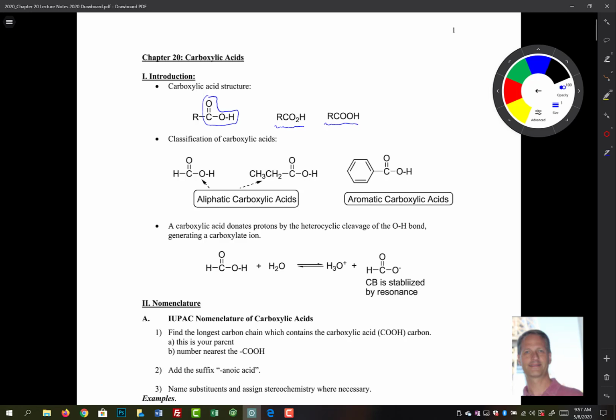So carboxylic acids can be classified into two categories: aliphatic carboxylic acids or aromatic, where you're part of a ring, a benzene ring or aromatic ring here. The carboxylic acids are acids, right? So they will undergo an acid-base reaction with water.